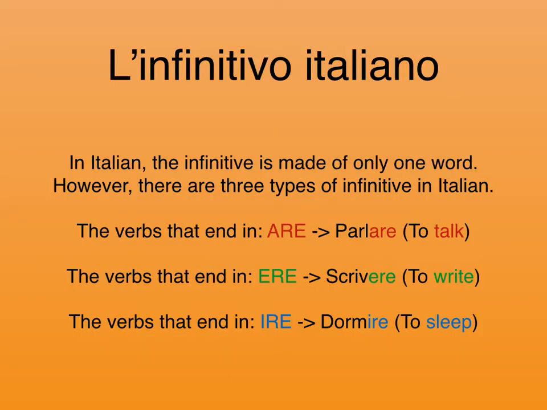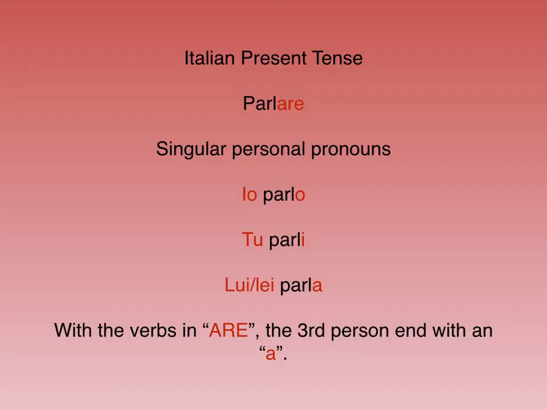In Italian, the infinitive is made of only one word. However, there are three types of infinitive in Italian. The verbs that end in are, parlare, the verbs that end in ere, scrivere, and the verbs that end in ire, dormire.